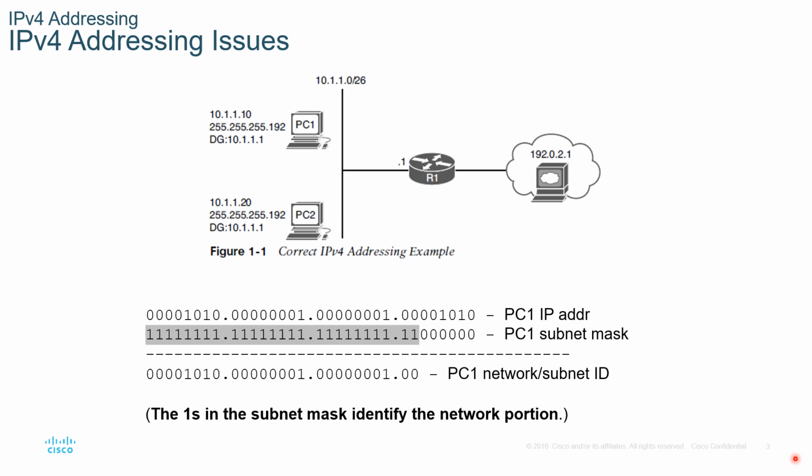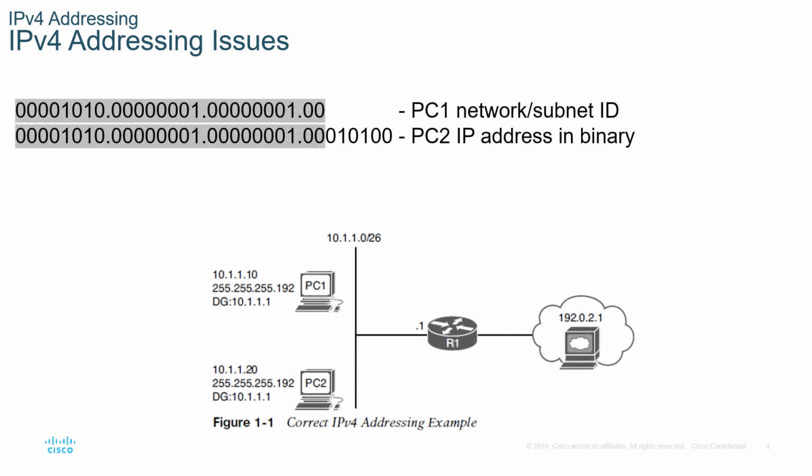So how does PC1 do this? It compares its own IP address to its subnet mask in binary, like this diagram. This will result in PC1's network or subnet ID. Now let's compare PC1's subnet ID with PC2's address in binary. They have the same subnet portion.